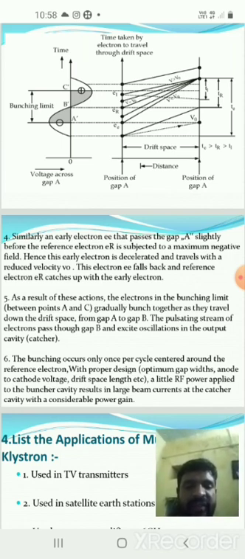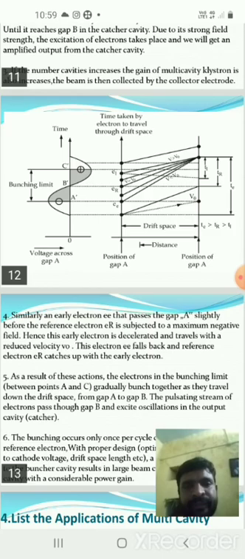As a result of these actions, the electrons in the bunching limit between point A to C gradually bunch together as they travel down the drift space from gap A to gap B. The pulsating strength from electrons passes through gap B and excites oscillations in the output cavity, or catcher.